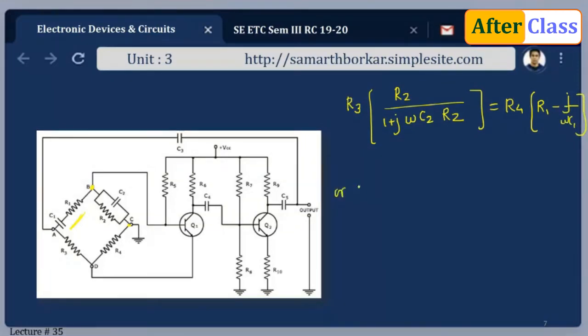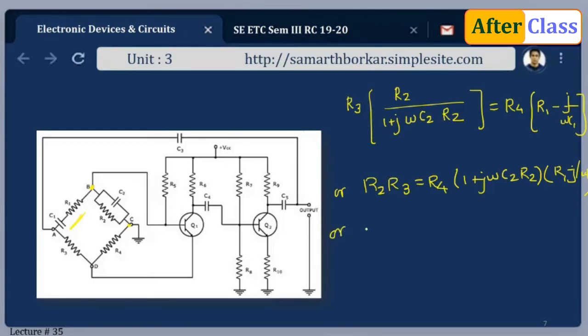Or I can simplify this as R2 R3 equals R4 into 1 plus j omega C2 R2 into R1 minus j by omega C1.